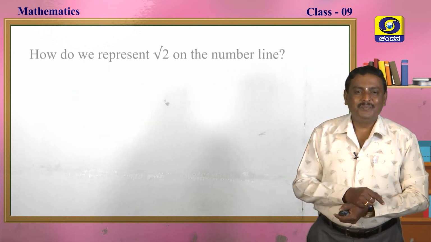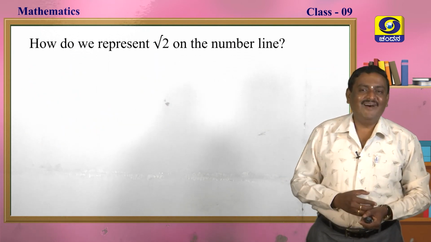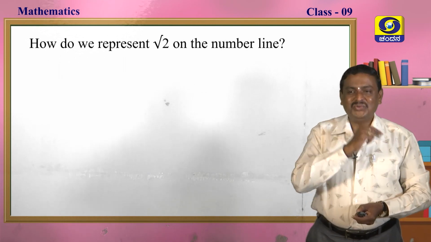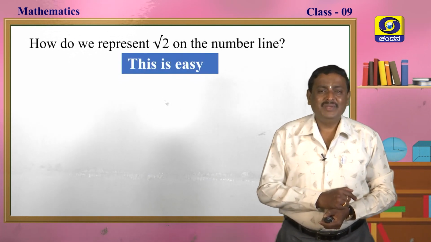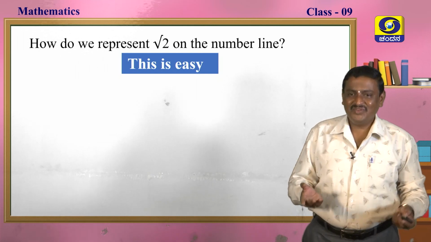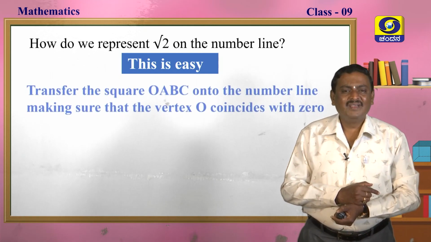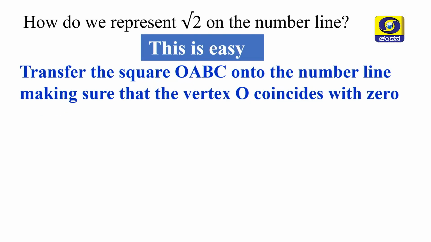Now, what to do? How to represent this root 2 on the number line? I will show you. It is very easy, my dear students. Transfer the square OABC onto the number line, making sure that the vertex O coincides with 0.